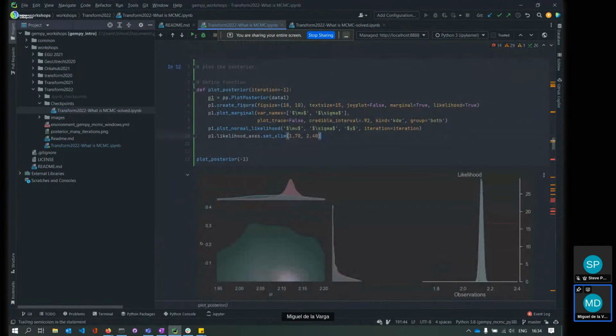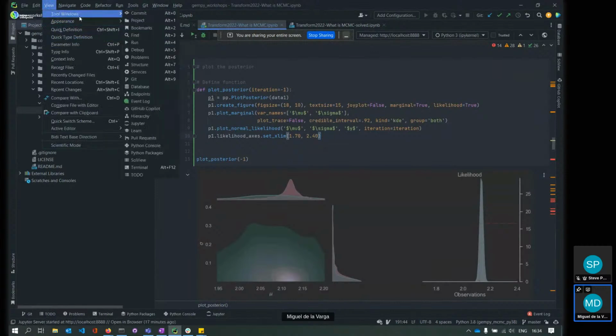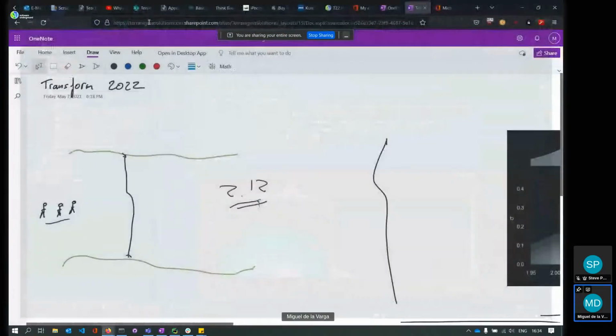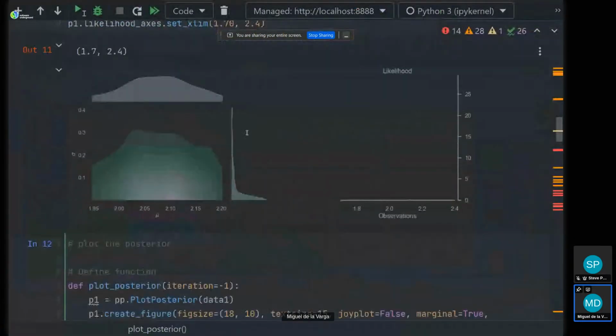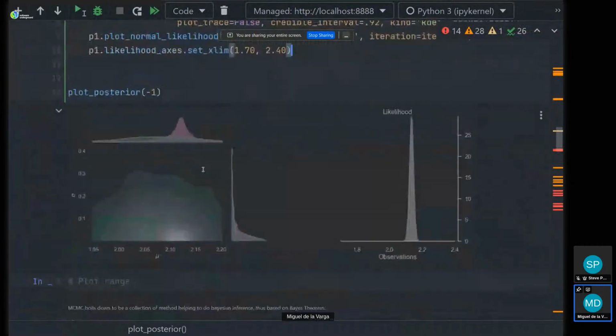So these are basically the same functions that we had before, but I have changed the arguments a bit just to also see the posterior.